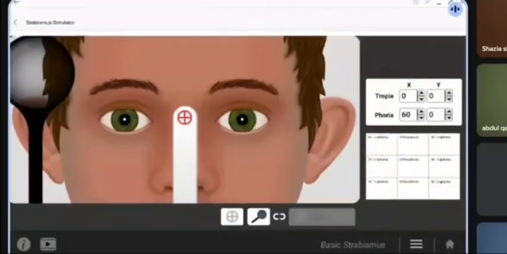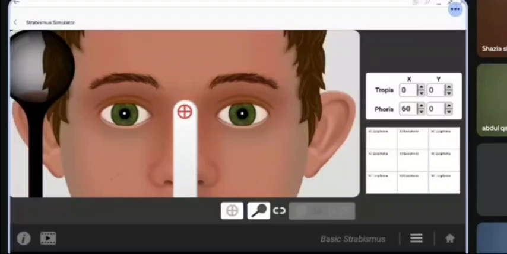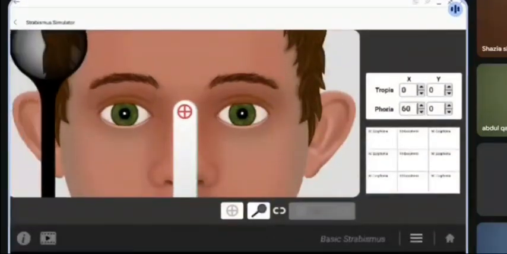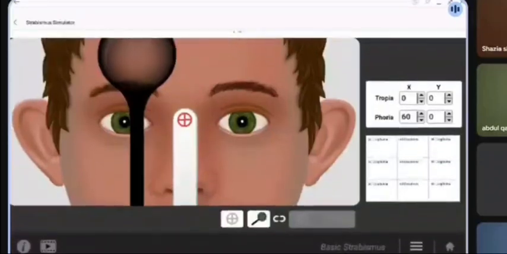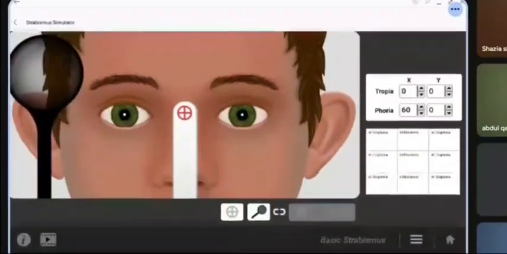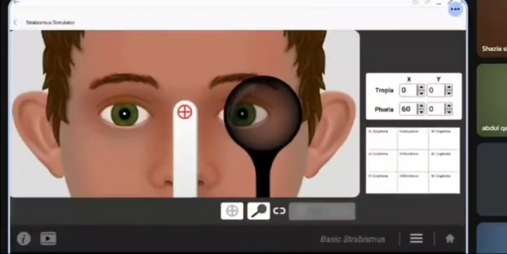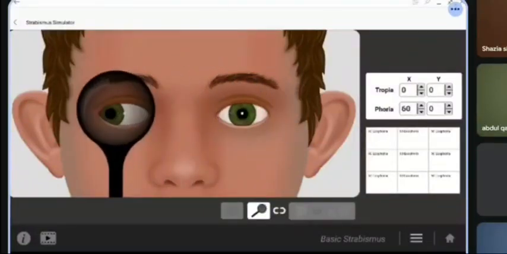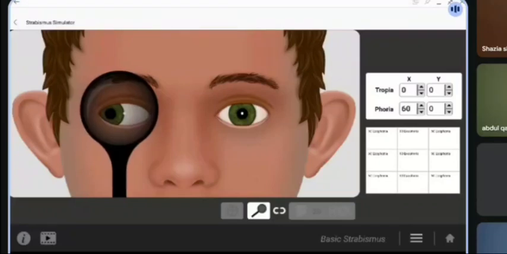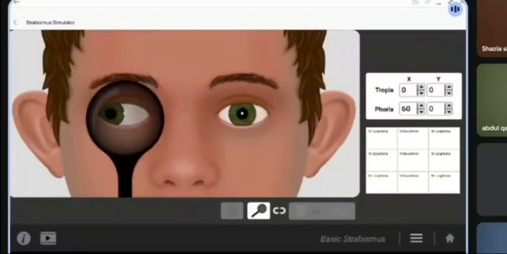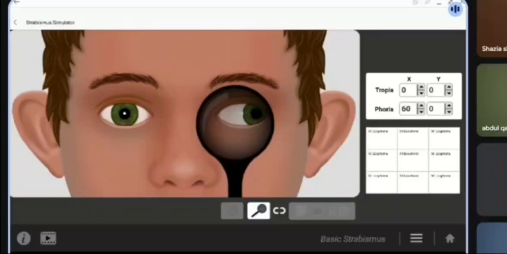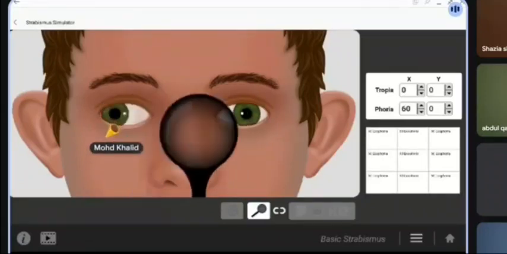And what happens in the alternate cover test? Here I have an occluder, where I'm placing one on one eye and the other occluder on the other eye. Simultaneously, I'm watching both eyes to see whether they are taking fixation. By giving a single fixation target, I'm watching both eyes.